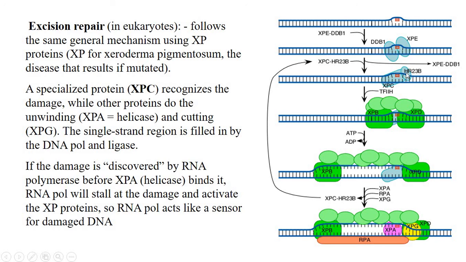Once XPC binds there, it recruits multiple different proteins, including XPA, XPG, XPB, and XPD, and the DNA is opened here. Then it will make a break and remove the portion of the DNA that's damaged, and using the correct strand, a new DNA strand will be formed.